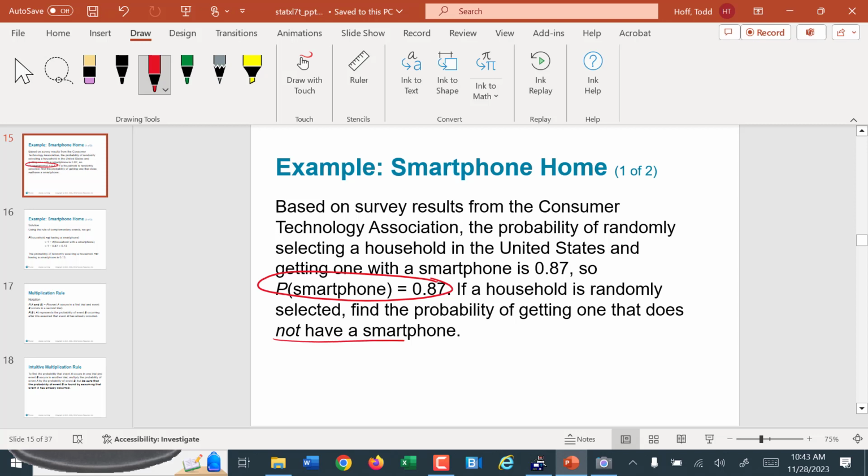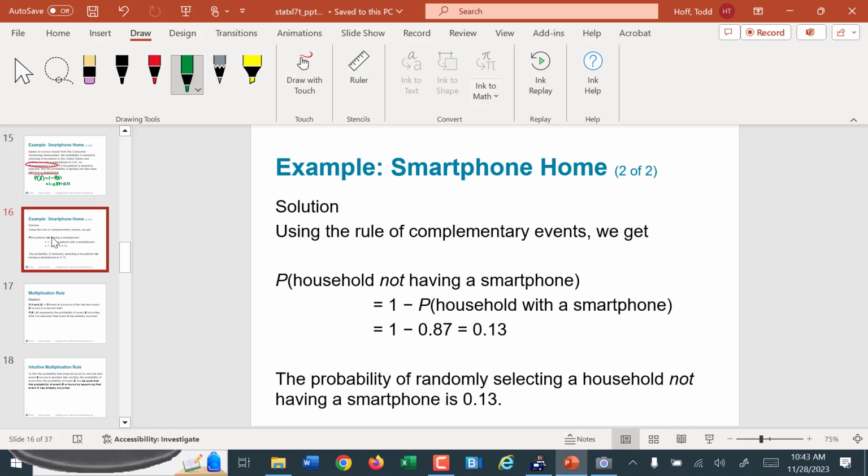What if we want to find the probability of not having a smartphone? Well, the probability of not A equals 1 minus the probability of A. So that's 1 minus 0.87, which is going to give us 0.13. So we see that calculation played out here.